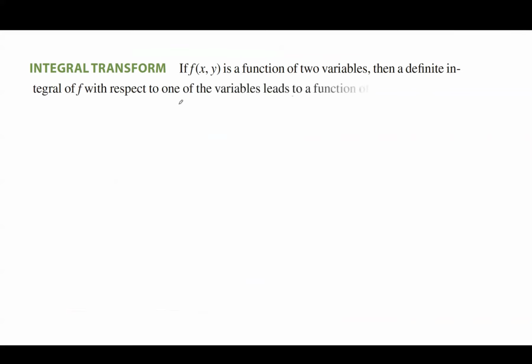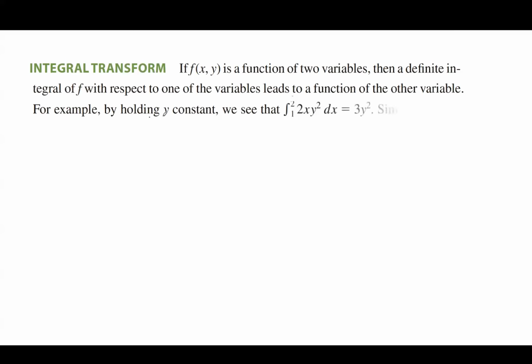Let's begin with the integral transform. If f of x and y is a function of two variables, then a definite integral of f with respect to one of the variables leads to a new function. For example, by holding y constant, we see that the integral from 1 to 2 of 2x times the second derivative of y dx is nothing but 3y squared.